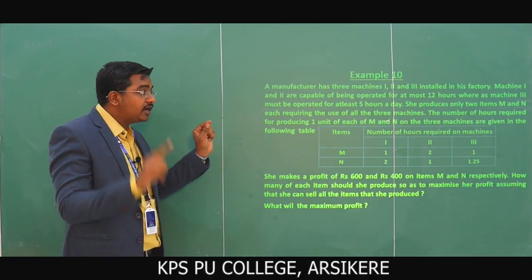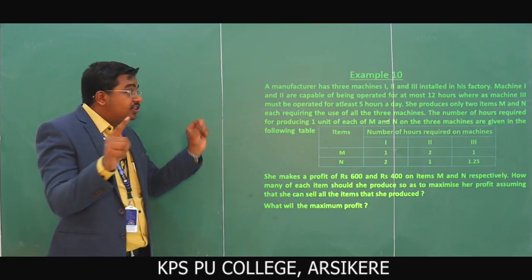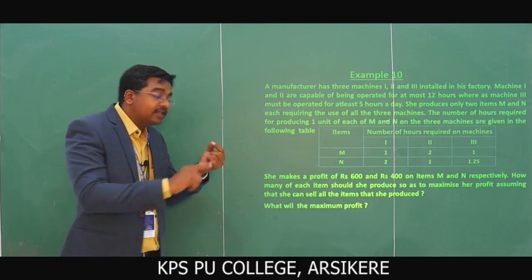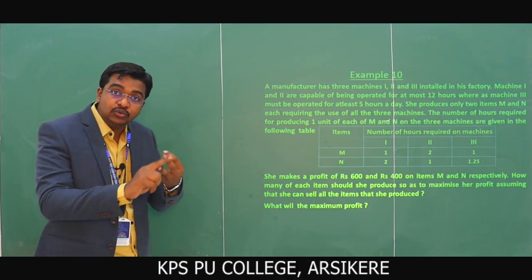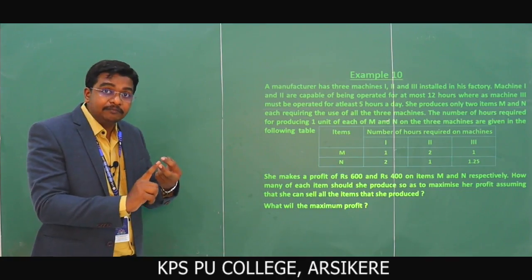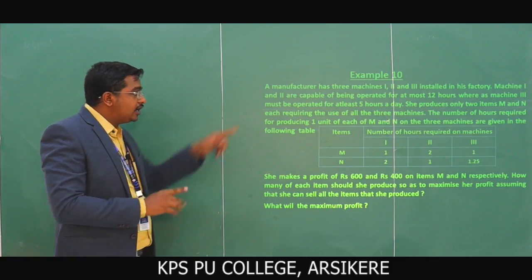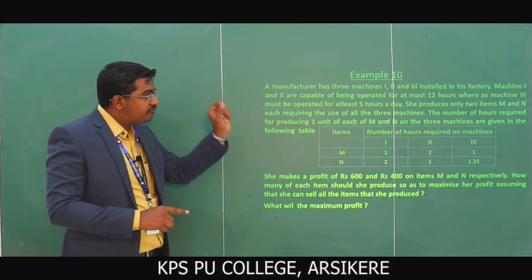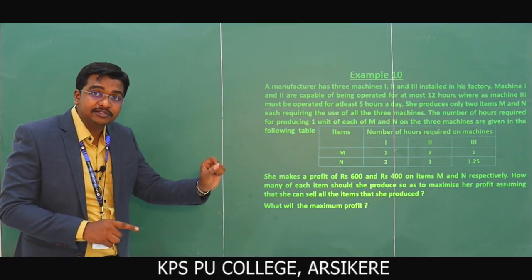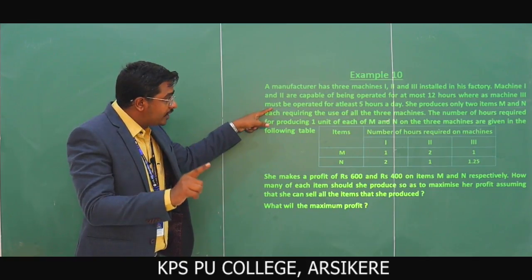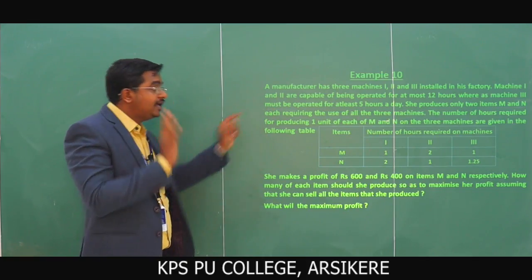What is given here, at most 12, means the total number of hours operated by machine 1 as well as machine 2 cannot exceed 12 hours. Whereas machine 3 must be operated for at least 5 hours. So it means machine 3 must be operated at least 5 hours in a day.